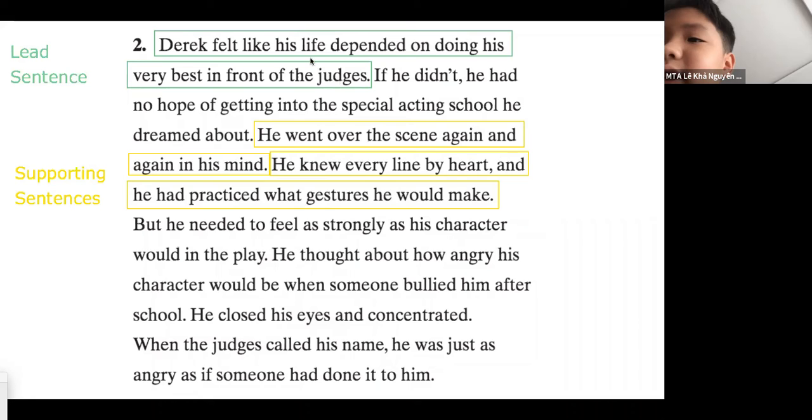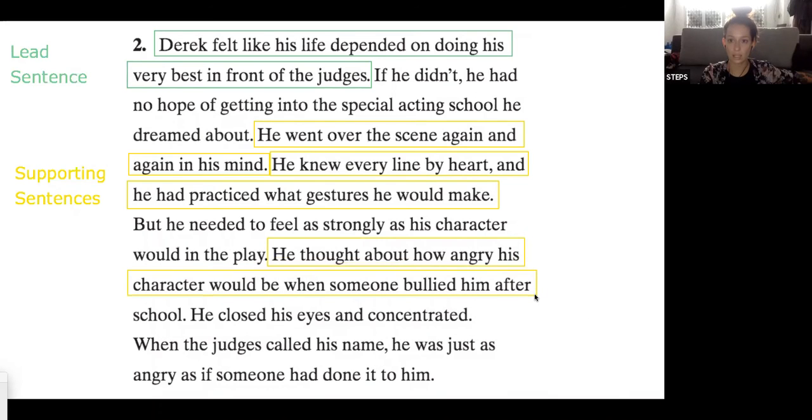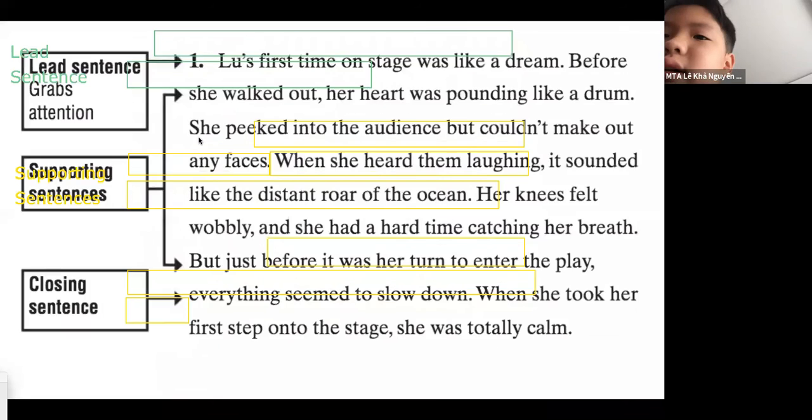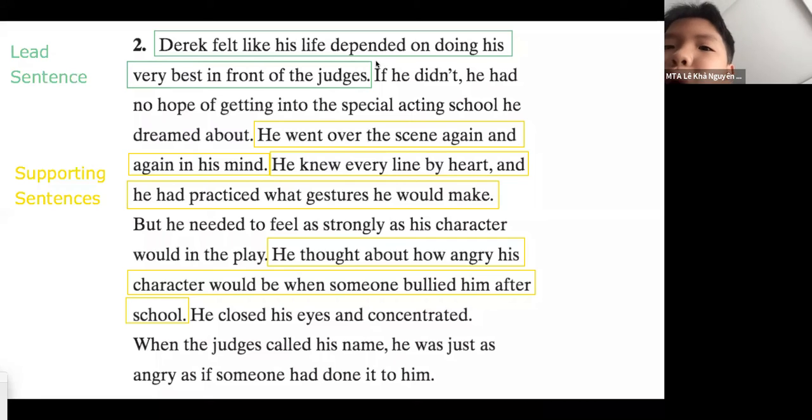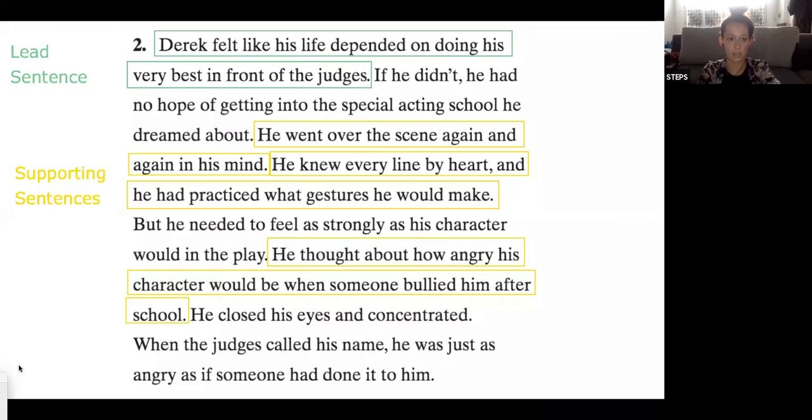But he thought about how his character would be when someone bullied him after school. All right, thought about how angry his character would be when someone bullied him after school. Okay, good job. And what about our closing sentence? Who can read our closing sentence to us? Richard, can you read the closing for us, please?